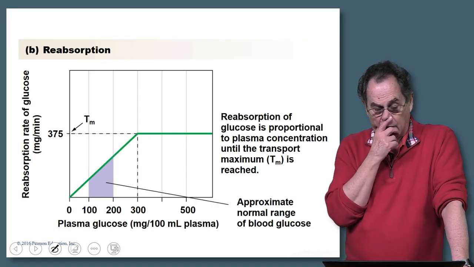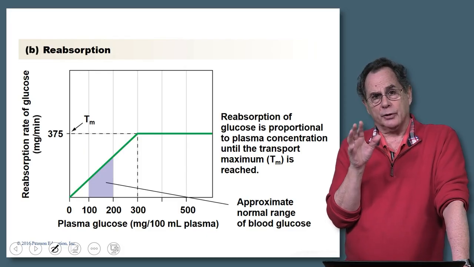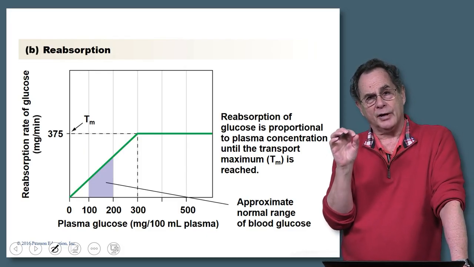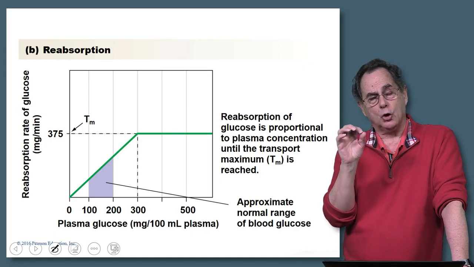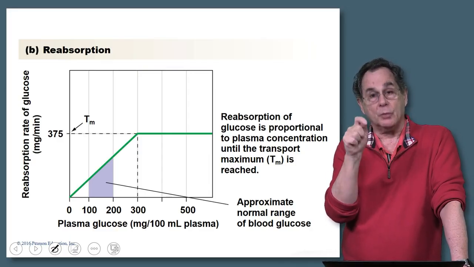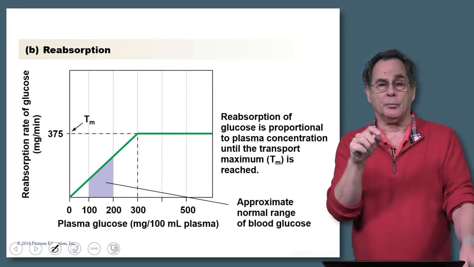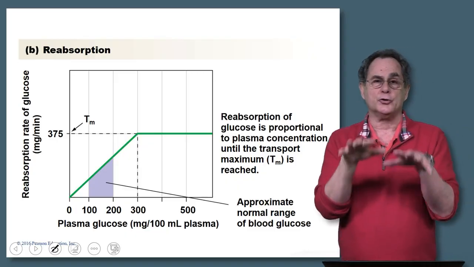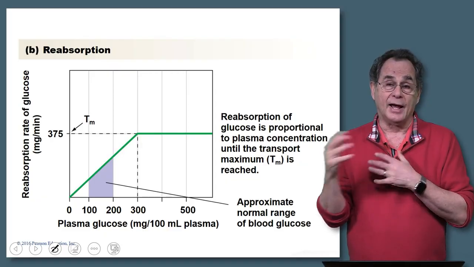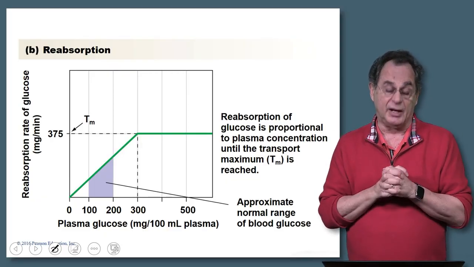Now, what about reabsorption? Reabsorption is dependent upon luminal membrane proteins that co-transport sodium and glucose. And therefore, the reabsorption of glucose in the proximal tubule is dependent upon that low intracellular sodium concentration, which of course is dependent upon the basolateral membrane sodium-potassium ATPase.